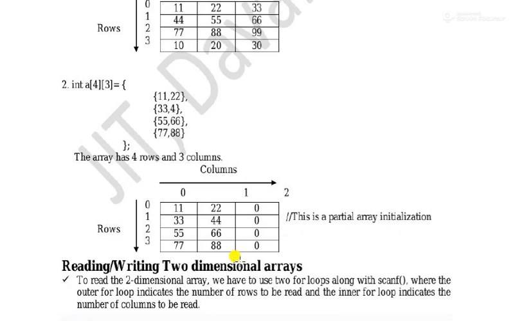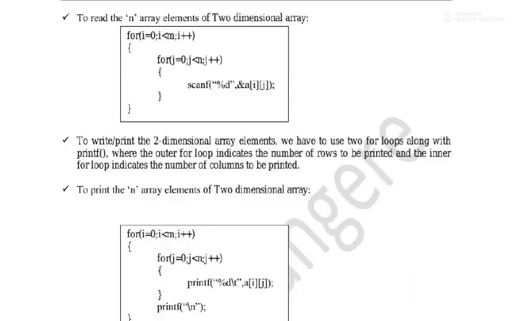To read the two-dimensional array, we have to use two for loops along with scanf, where the outer for loop indicates the number of rows to be read and the inner for loop indicates the number of columns to be read. So for I is equal to 0, I less than m, where m represents rows, I plus plus.